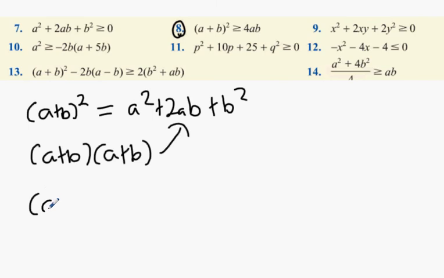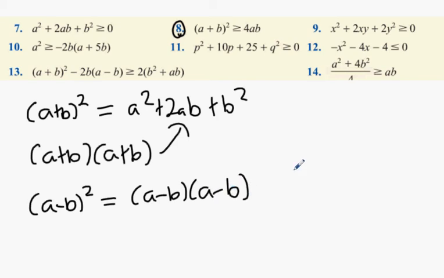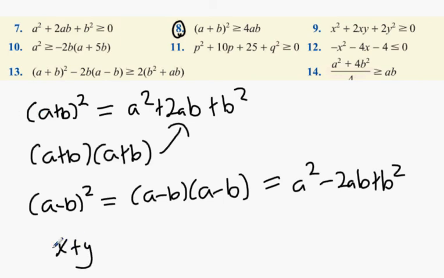The other one that you're going to need is a minus b squared, which is a minus b by a minus b. Once again, when you multiply that out, it becomes a squared minus 2ab plus b squared. You need them, okay? You have to have them. And you should be able to, if I said x plus y squared, it's exactly the same thing, except instead of a there's an x, instead of b there's a y. It's the same system, okay?